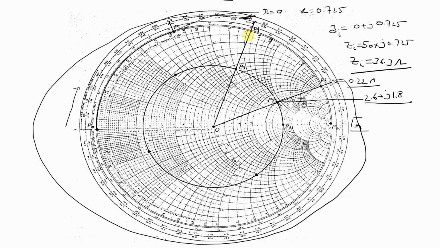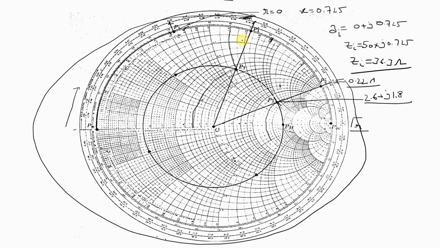So join this point with the origin, and where this line intersects will give you the input impedance. So mark that point and find out the value. This circle will give the value of x. This circle will give you the value of r.